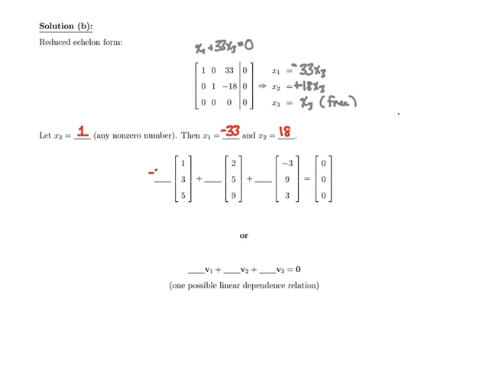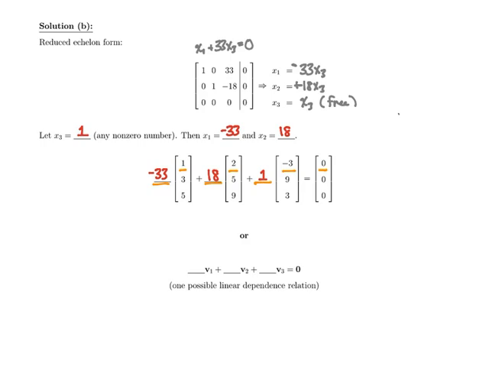Now if we check again, negative 33 times 1 is negative 33, plus 18 times 2 is plus 36. That gives us a positive 3, plus 1 times negative 3 is negative 3, and that does give us 0. And you can check the other rows as well.